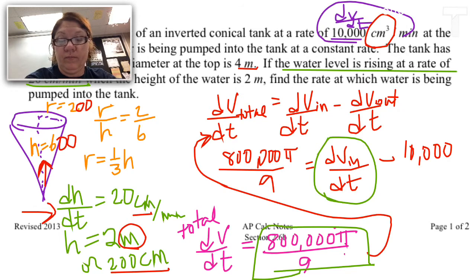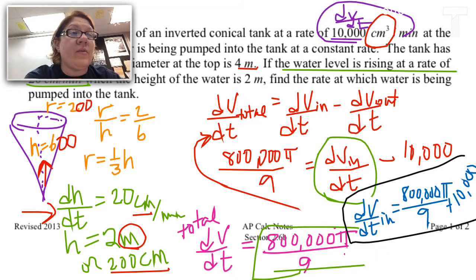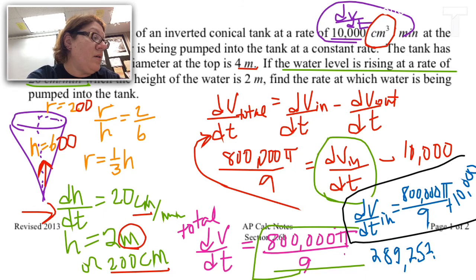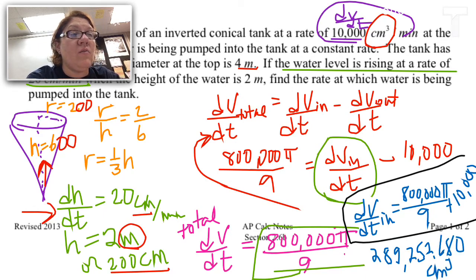So now I just need to add 10,000 to the other side. I'm not even going to get a common denominator, I'm just going to write it that way. So there's my final answer. I just added the 10,000 over, and that tells me the rate at which water is being pumped in. If I put that fraction in my calculator and add 10,000, then I get a little tiny number that looks like this. And it would be centimeters cubed per minute.